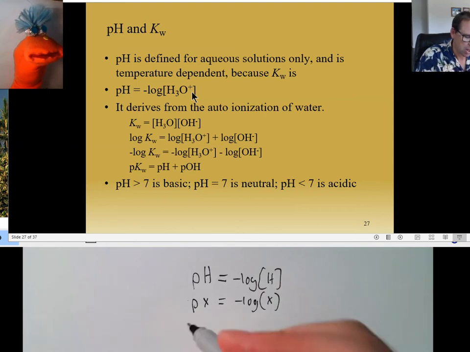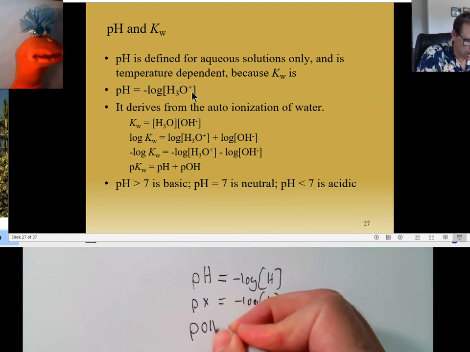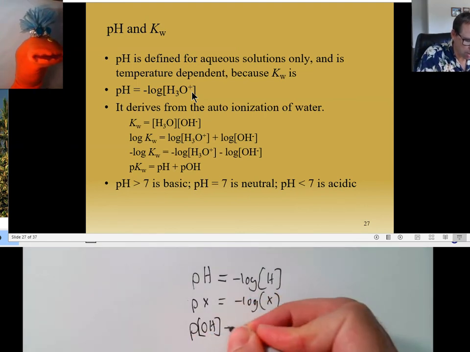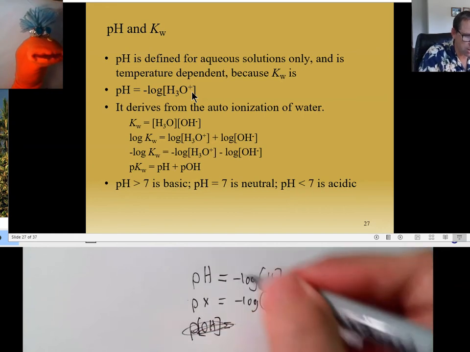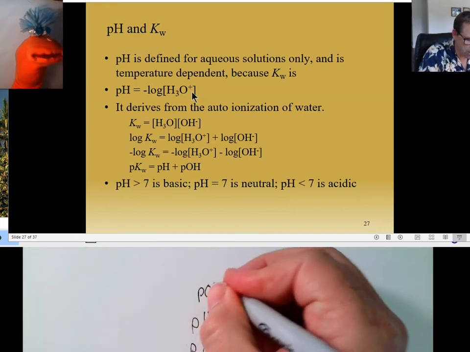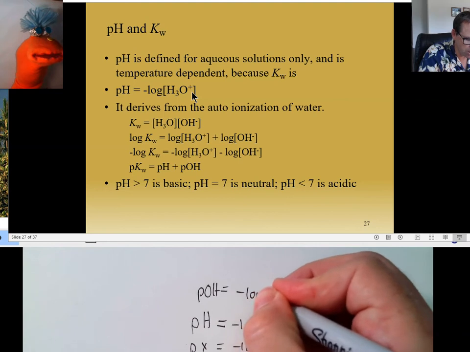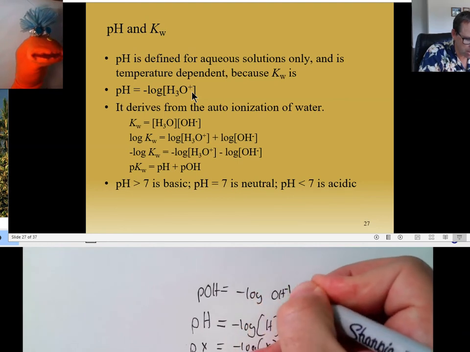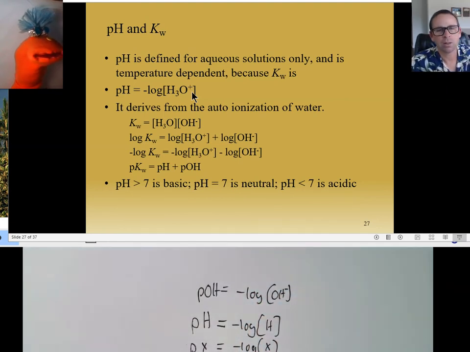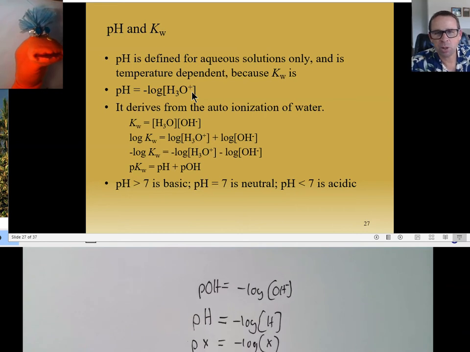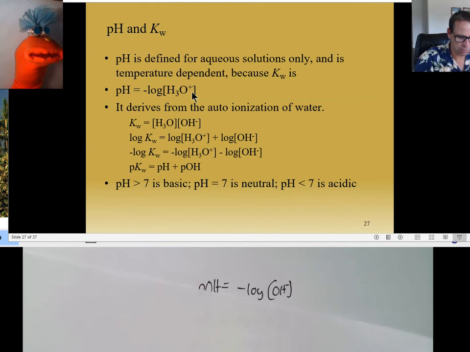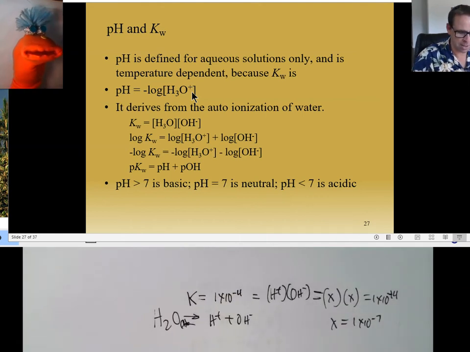Okay? And so we can take the pOH of a solution as well. pOH equals the negative log of the hydroxide ion concentration, right? So let's try to find the pOH of water. What is the pOH of water? Well, we said that the pH of water was the negative log of 1 times 10 to the minus 7.